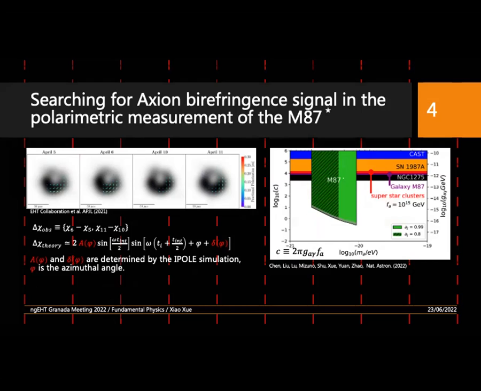The difference between the 5th and the 6th is very small, and so is that between the 10th and 11th. So we adopt a method called the differential EVPA, where we use the difference between the data of the two days as the data set and use this data set to search for the axion signal.